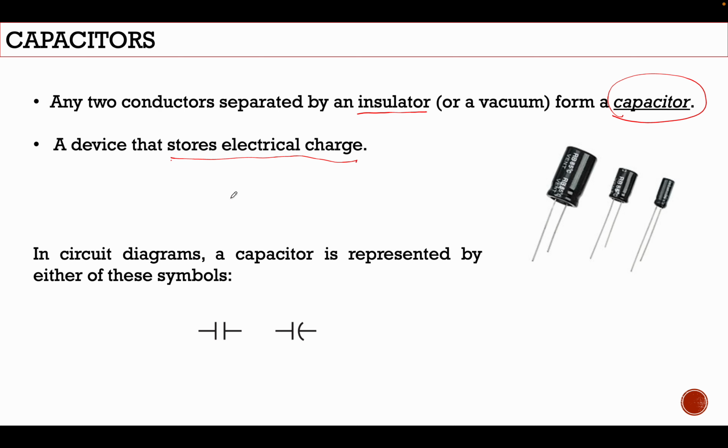In circuit diagrams, a capacitor is represented by either of these symbols. As you can see, we have two parallel lines. The vertical lines, either straight or curved, represent the conductors.